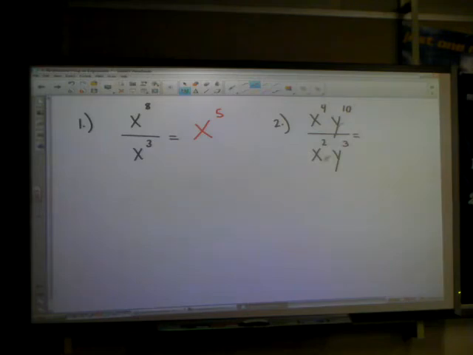So subtracting, keeping x's together, y's together, we get x to the 2nd, y to the 7th. Very nice.